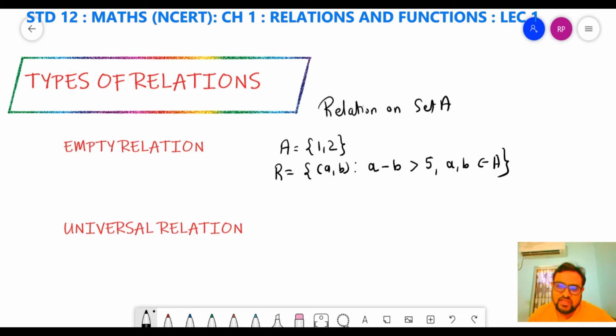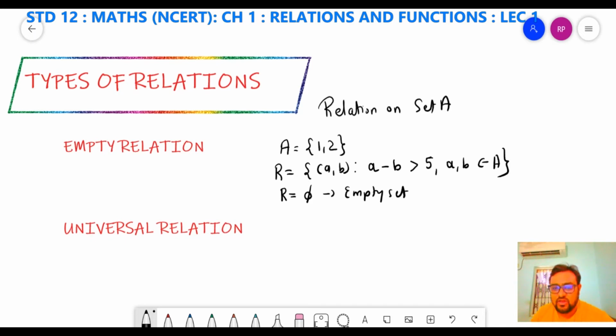Now see, the values of a and b both belong to A. Means I can take either 1 minus 1, 1 minus 2, or 2 minus 2, or 2 minus 1. But in every case, a minus b can never be greater than 5. So the relation R will be an empty set.